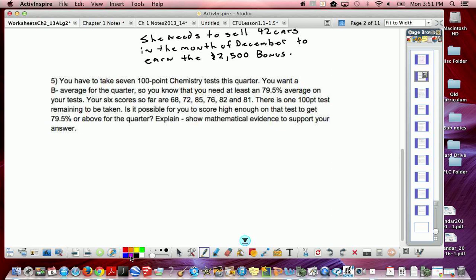Well, let's think about this. To get a 79.5% or higher on 7 tests, if we take that 79.5%, think of it like points, times it by all 7 tests, because that's what we would need to average, we need to earn 556.5 points in the term.